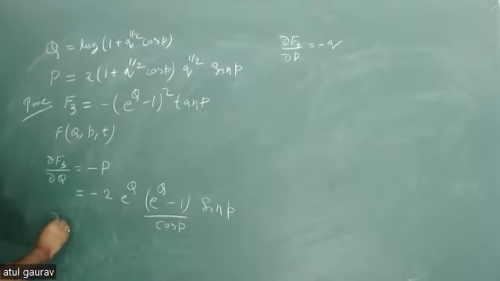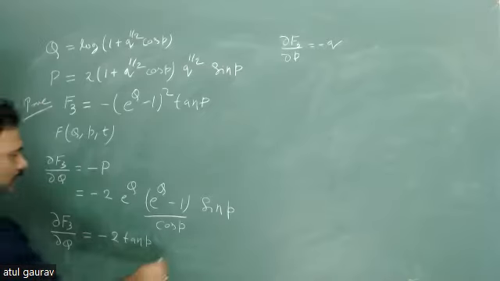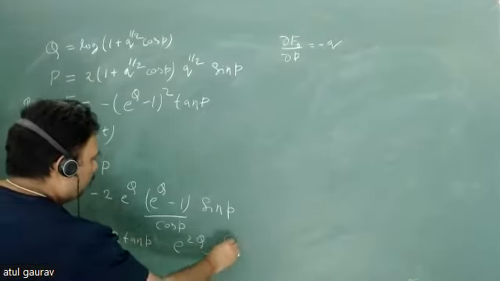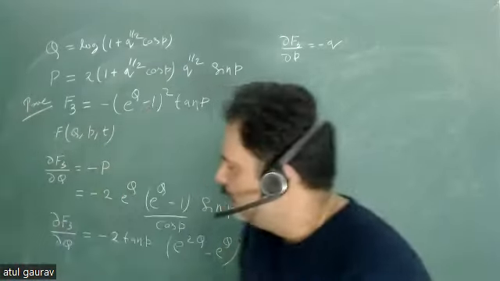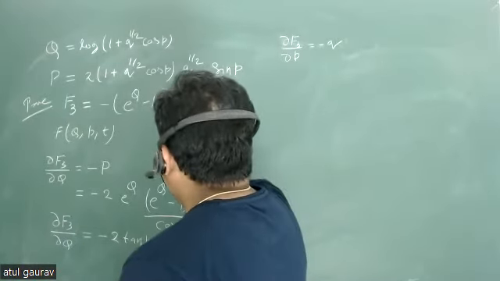So we have del F3 upon del Q is equal to minus 2 tan p, and we have e to the power 2q minus e to the power q. So we have to just go and differentiate it, sorry, integrate it. When we integrate it, what will we get?